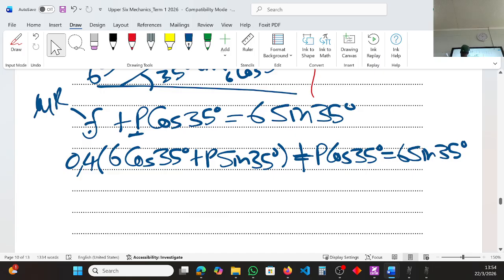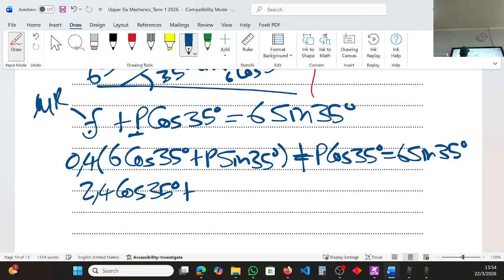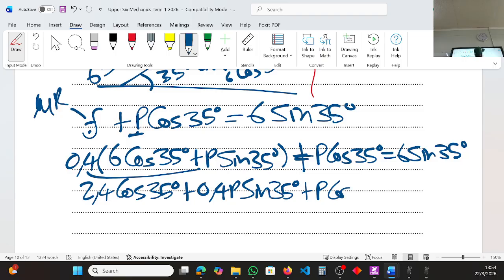On expanding the brackets, I've got 0.4 times 6, it gives me 2.4, so it's 2.4 cos 35 degrees. And when I multiply this, that's 0.4 P sine 35 plus P cos 35. This is equal to 6 sine 35 degrees.